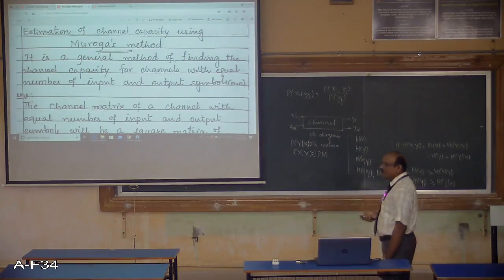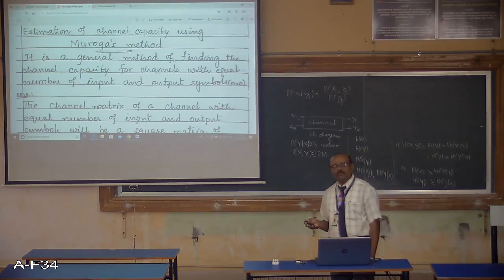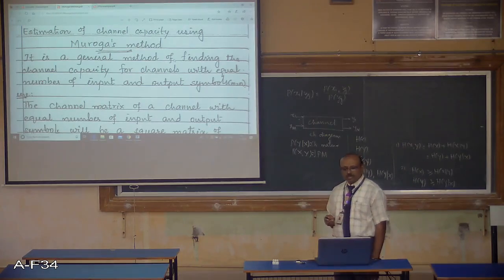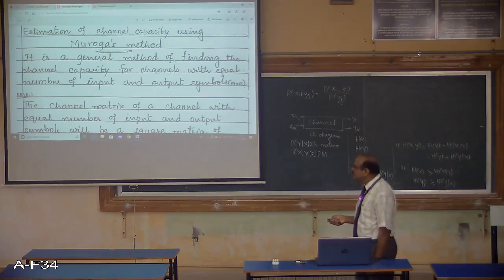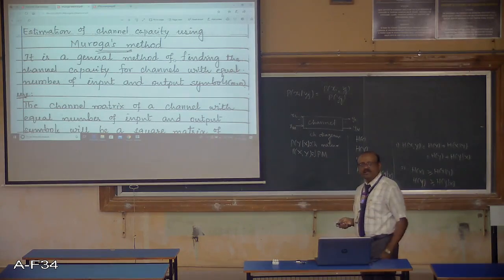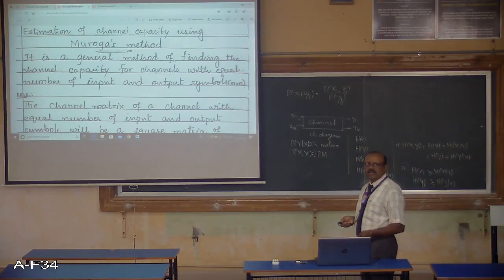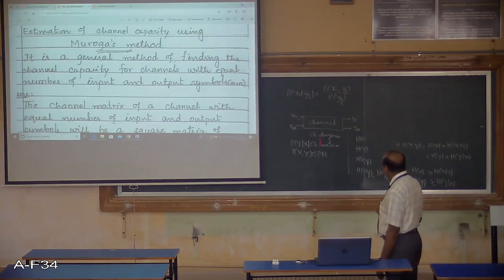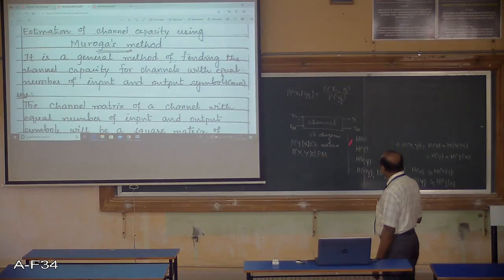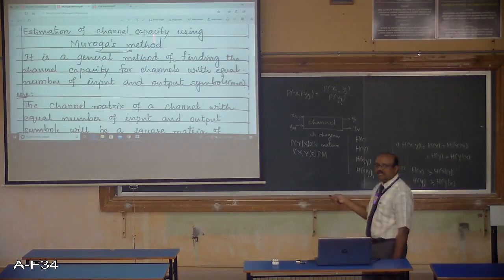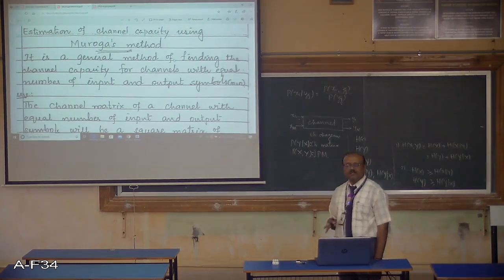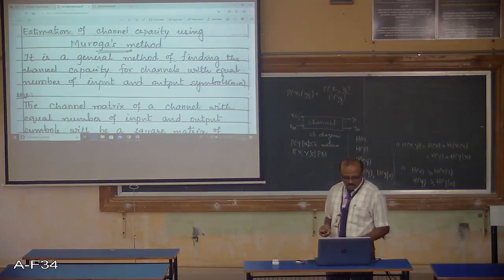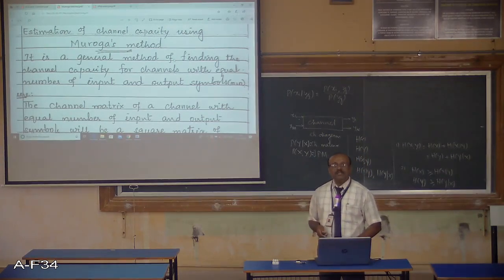Finding all these values, we get a variety of problems in examination. What is most important to understand is that all these concepts which we have learned in the previous class and in this class are to be applied for a given channel represented in any one of these forms, and find out all these parameters. Estimation of channel capacity is an important part of the study of channels. Those examples we will take up in the next class.